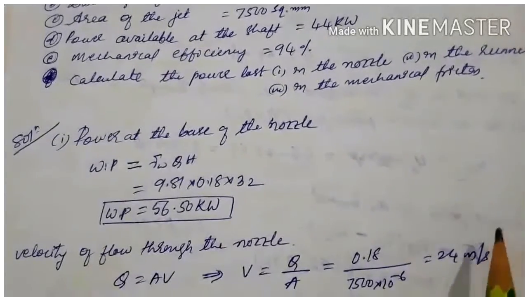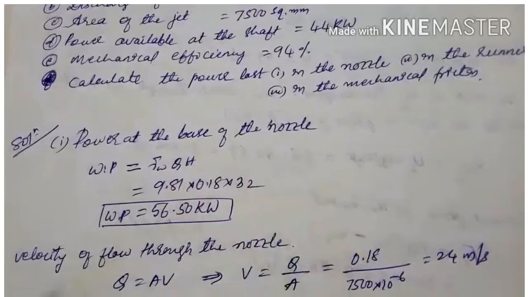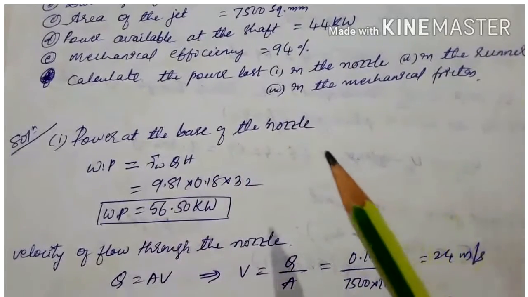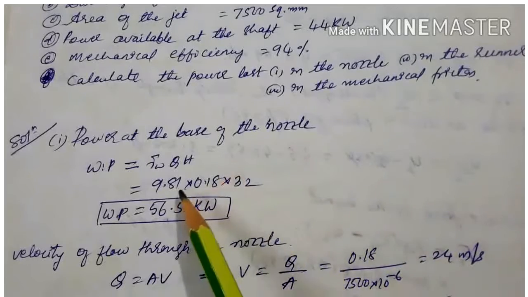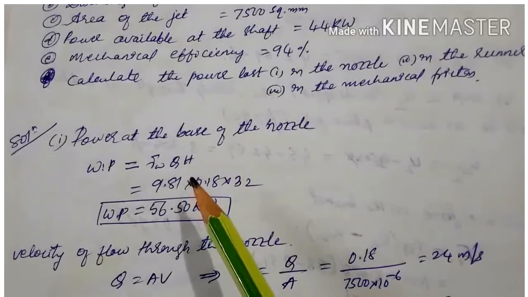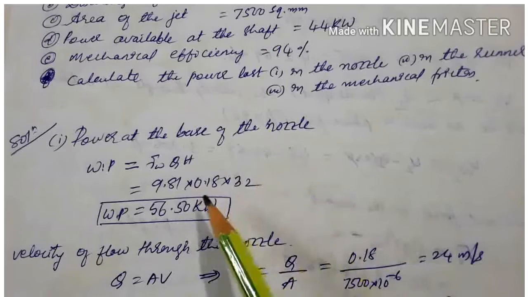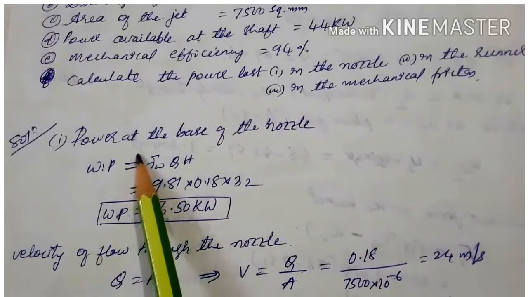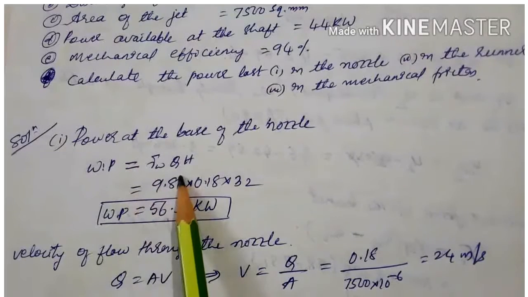Let us calculate first the power at the base of the nozzle. This power is required for calculation of overall efficiency and all. So we need to calculate the water power at the base of the turbine.